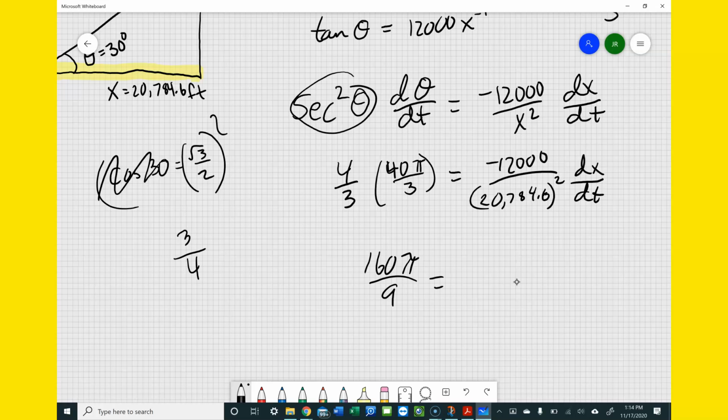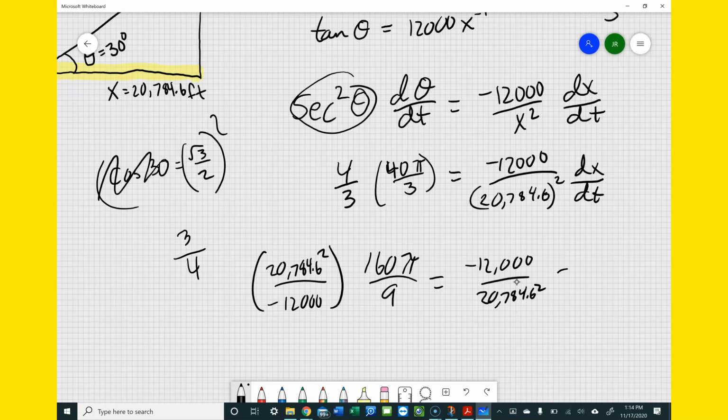I'm going to multiply by the reciprocal on both sides: 20,784.6 squared over negative 12,000. So I'm multiplying by the reciprocal of this on both sides to get rid of that.